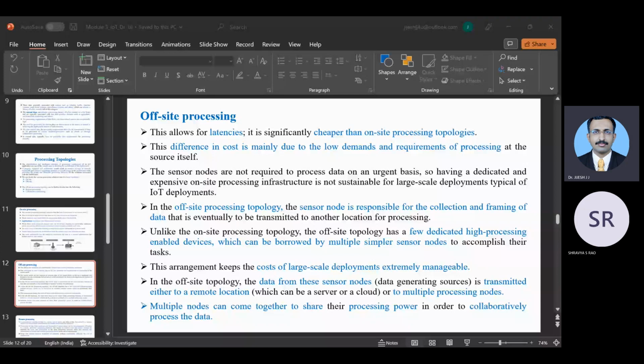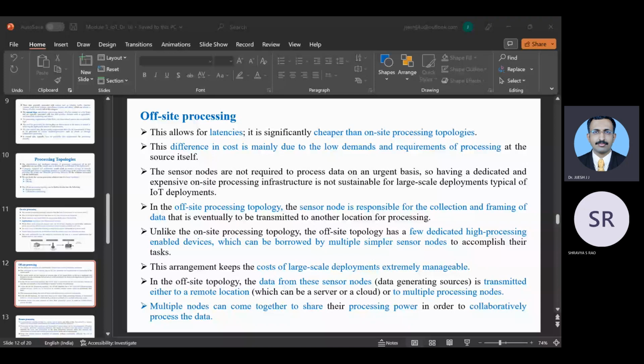We will see the next one, that is the two sub portions of offsite processing. The first one is remote processing. So let us see what remote processing is. What do you understand by remote processing?